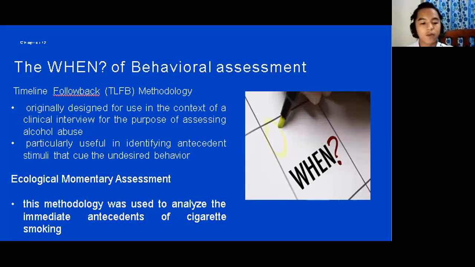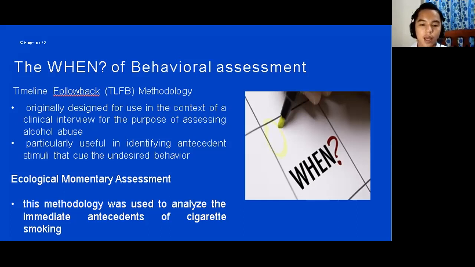To aid the recalling, the clients are presented important events, for example, a birthday, an anniversary, or any important event that the clients can easily recall. And say for example birthdays. So the assessor will ask how many bottles of drinks the client drank.